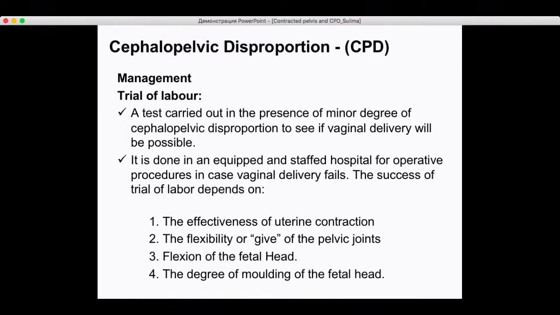Of course, the success of trial of labor depends on the effectiveness of uterine contractions, the flexibility or give of pelvic joints, flexion of the fetal head, and the degree of molding of the fetal head.